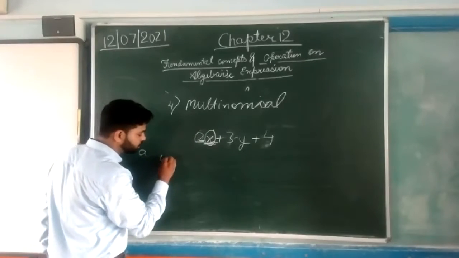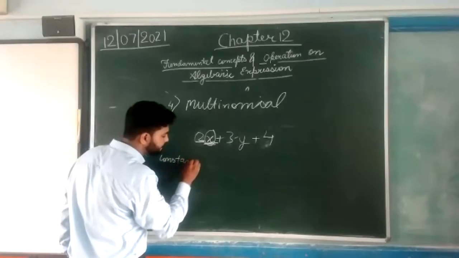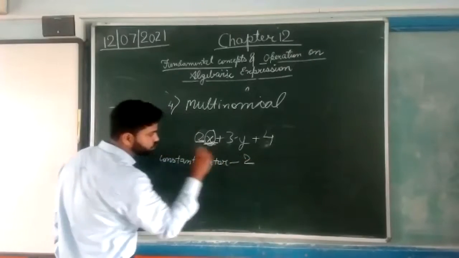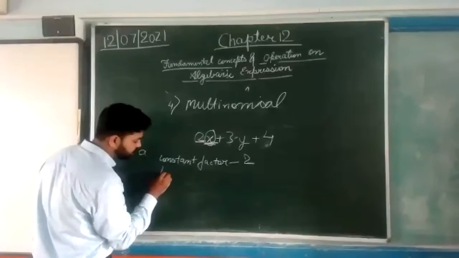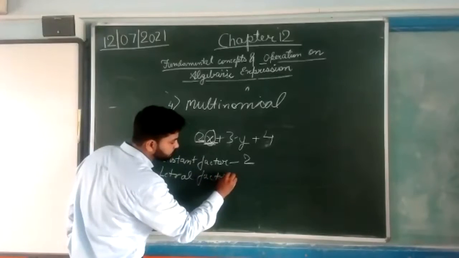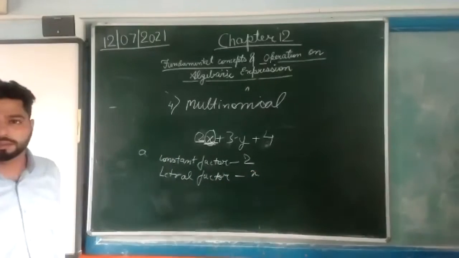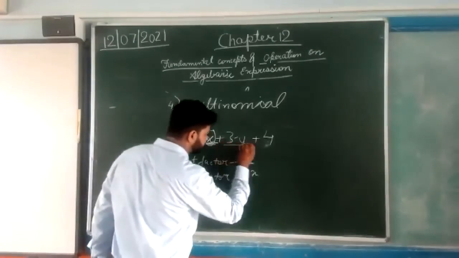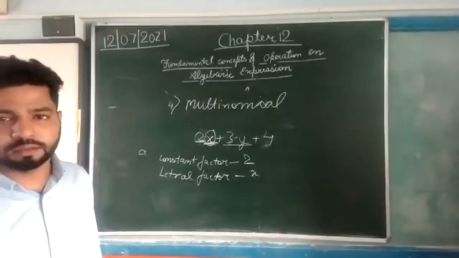So the constant factor is 2 and the literal factor is x. Okay, everyone is getting me? So what is the constant factor here and what is the literal factor here?